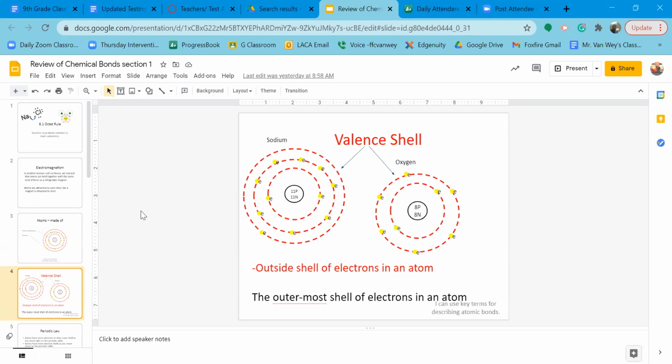The valence shell is just that outside shell. That outside shell is where we got the idea for which group an atom is in on the periodic table. And how many shells total it has tells us what period it's in. But we're not really worried about that as much anymore. We're just worried about how many electrons are on the valence shell, or the outside shell, of an atom.